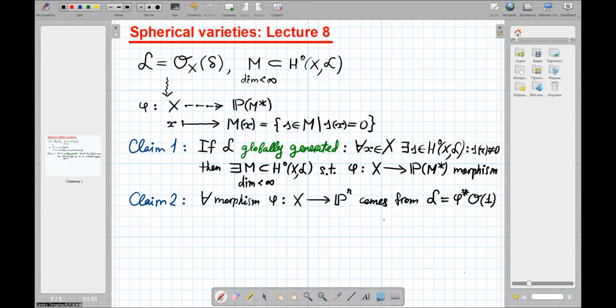And this space of sections in the above notation, which defines this map phi, is nothing but the pullback of the space of sections of this O(1) on P^n.